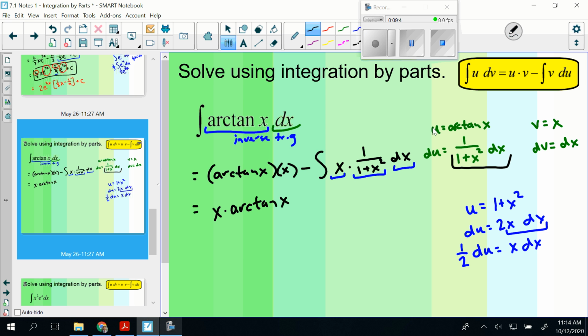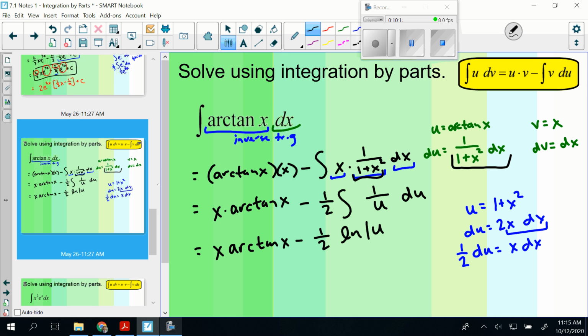So this new substituted integral would be minus, I'm going to pull that 1/2 out. This would become now 1 over u, because all this is our u here, and then the x dx becomes our 1/2 du, which I already put the 1/2 in there. That antiderivative we know, that's going to be natural log of whatever we are doing.